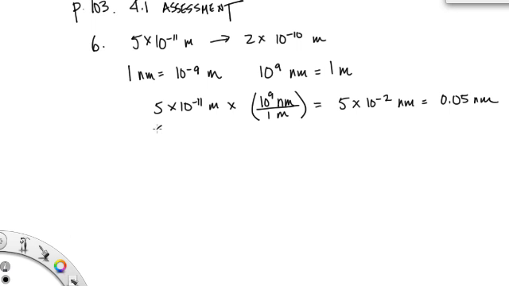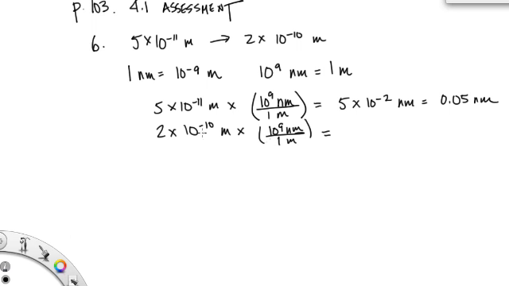Okay. 2 times 10 to the minus 10th meters converted to nanometers would use the same conversion factor, 10 to the 9th nanometers in 1 meter. And this problem becomes 2 times 10 to the minus 10th times 10 to the 9th. Again, when we're multiplying exponents, we're adding.